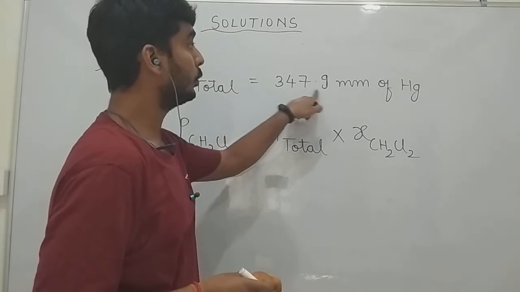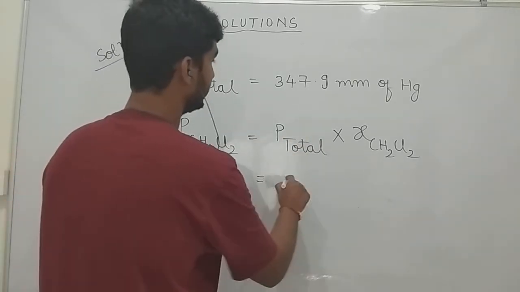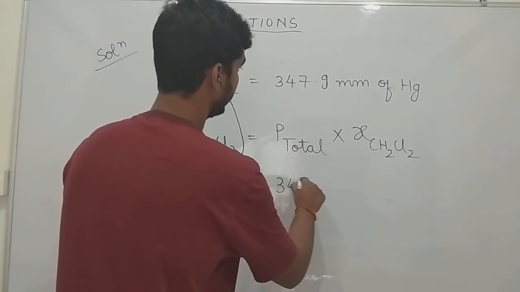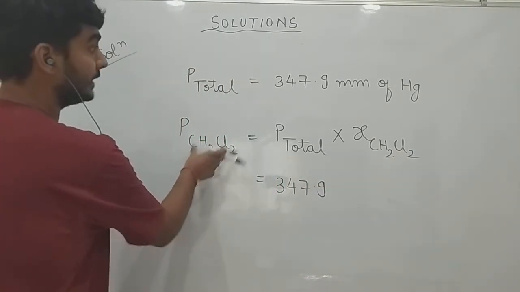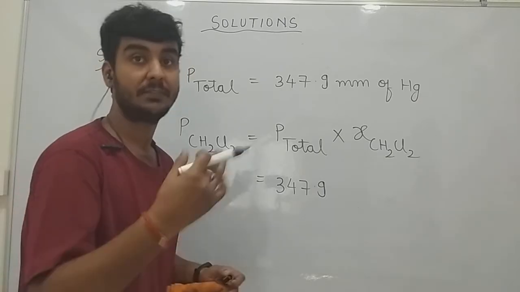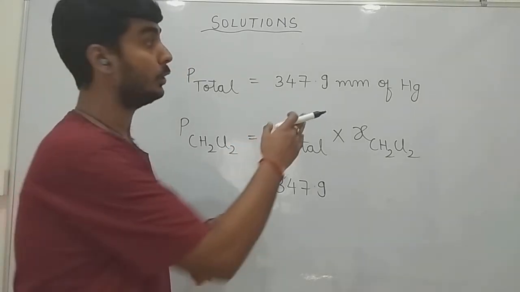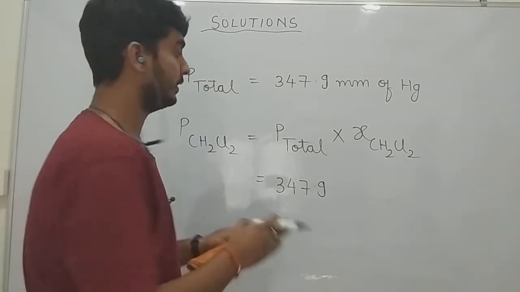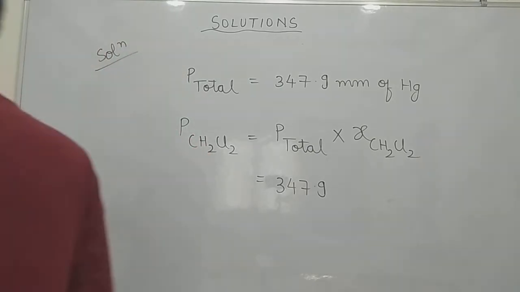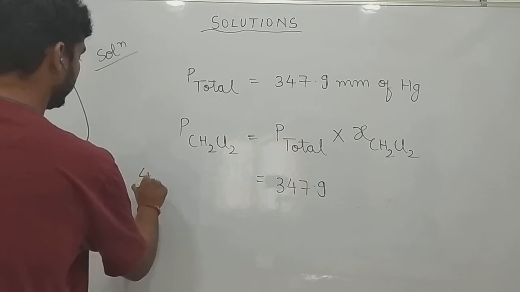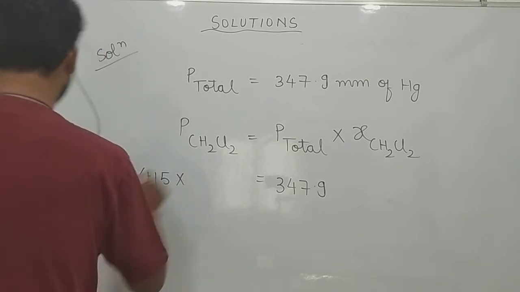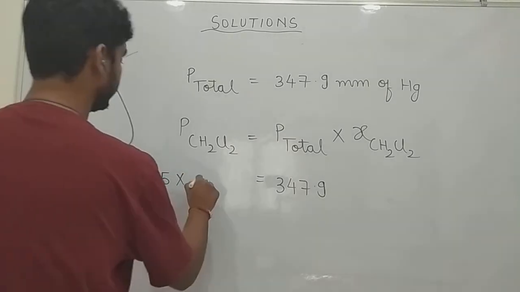We know the total pressure, so we can easily substitute it, 347.9. We know the partial pressure of each of the two components. We have calculated it in order to obtain the total pressure, so we can substitute that also. Partial pressure of CH2Cl2 was 415 into 0.688.